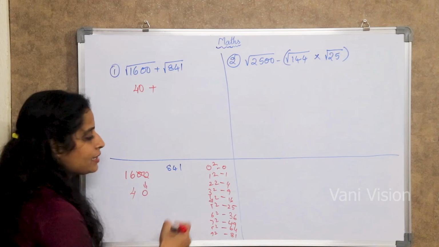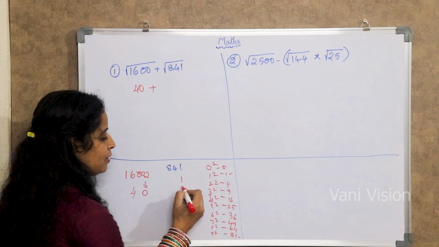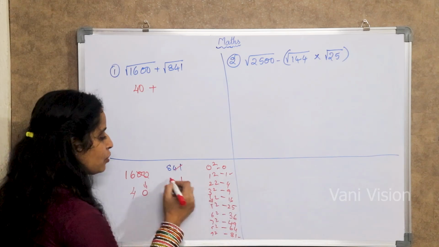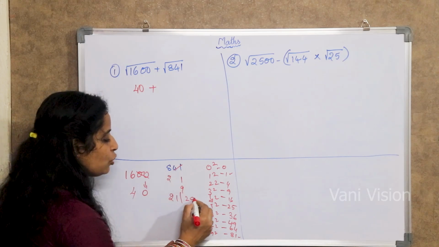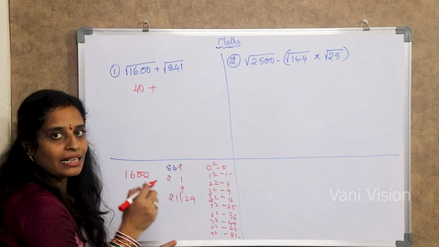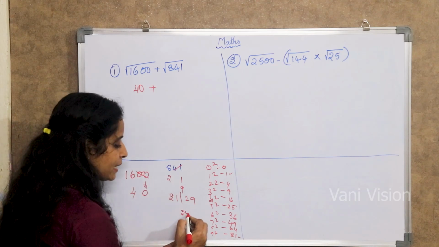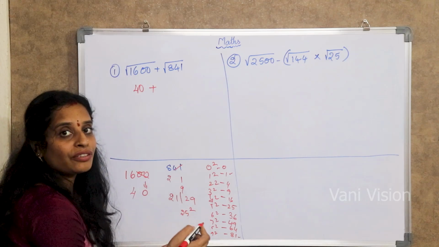Plus, now 841. For this, the probability of getting 1 as the last digit is 1 or 9. Cut off 2 digits now. 8, 9 is bigger than 8, so 4, so 2. It may be 21 or 29. To know which one is the answer, we should know 25 square first. It is easy to find the squares of the 5s.